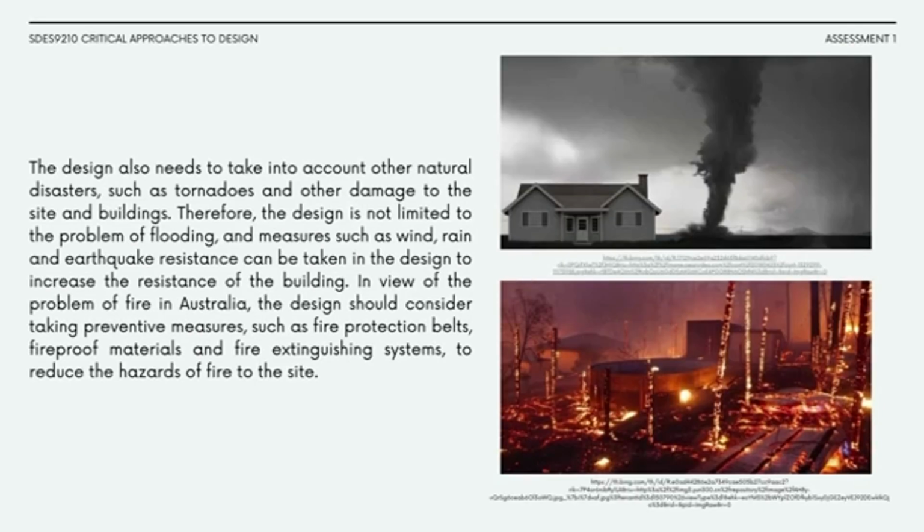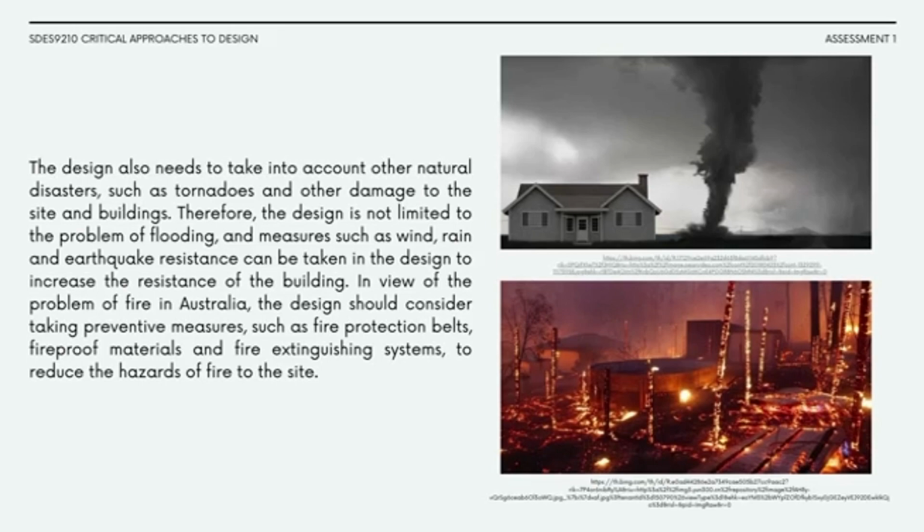The design also needs to take into account other natural disasters, such as tornadoes, and other damage to the site and buildings. Therefore, the design is not limited to the problem of flooding. Measures such as rain and earthquake resistance can be taken in the design to increase the resistance of the building.